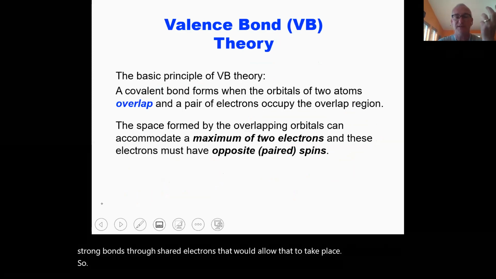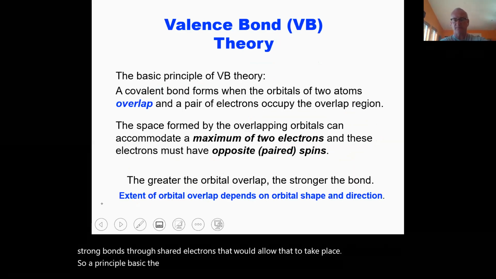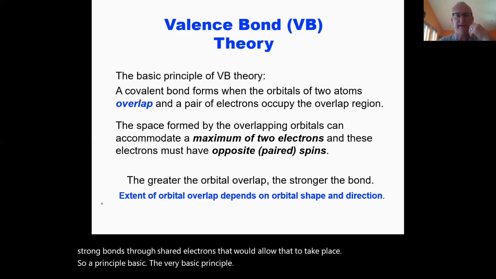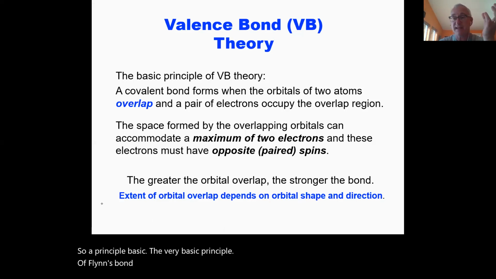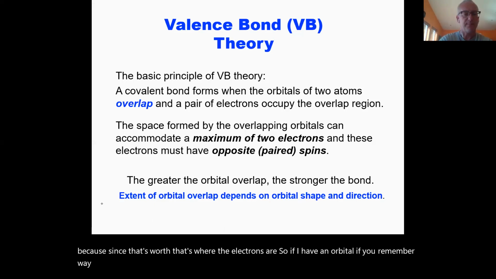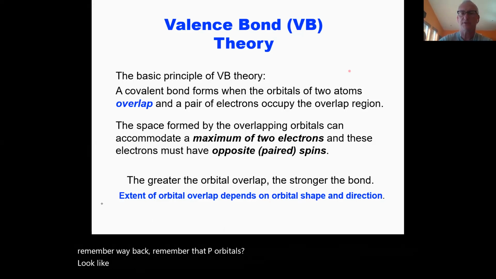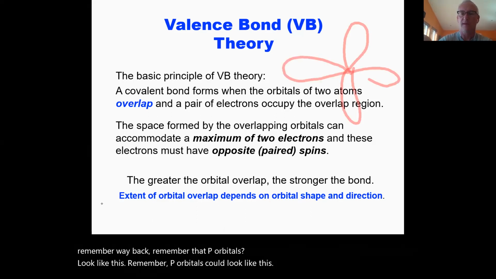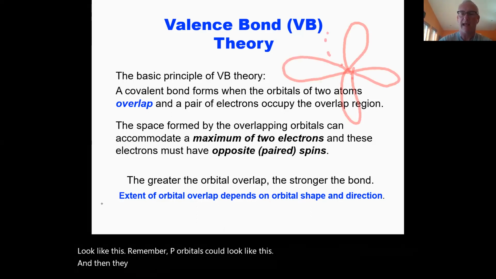So a very basic principle of valence bond theory is that, like I said, orbitals have to overlap. And that makes a lot of sense, since that's where the electrons are. So if you remember way back, p orbitals look like this. And then they went behind, and then they came out.